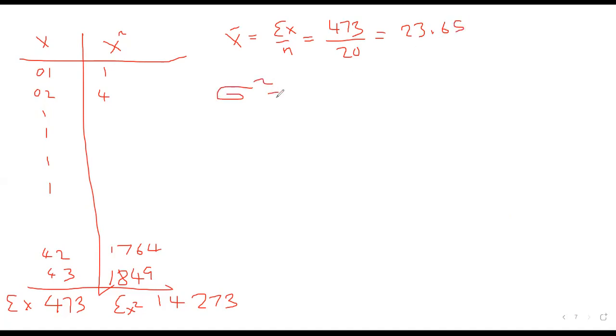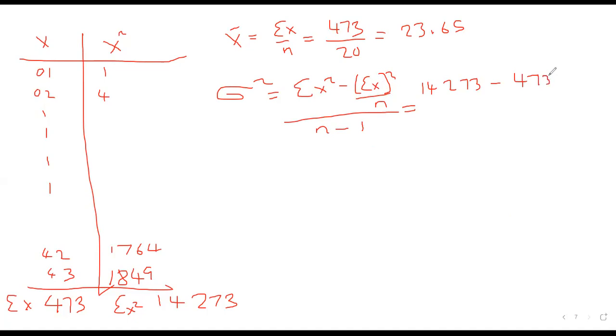The variance is given by summation of x squared minus the summation of x, to the power 2 over n, everything over n minus 1. So here we have 14,273 minus 473 squared over n, the n is 20, everything over 20 minus 1.